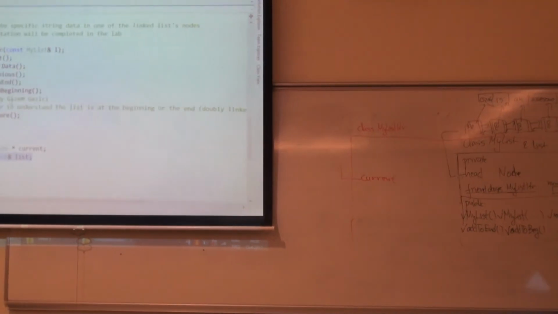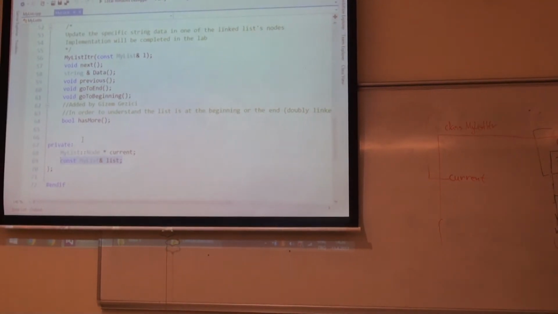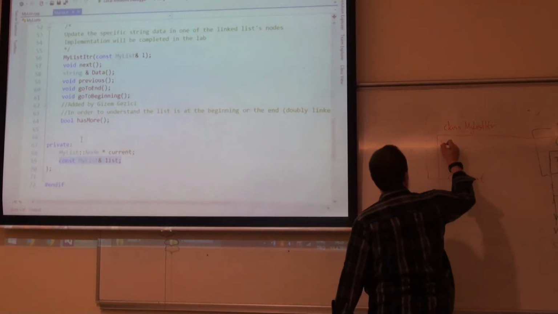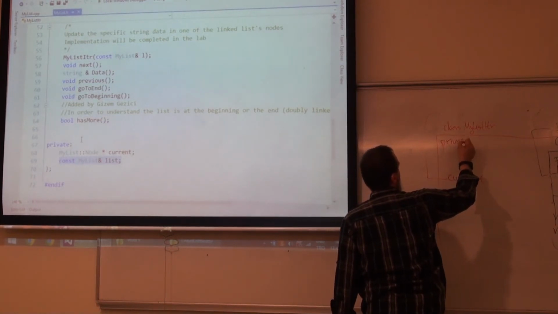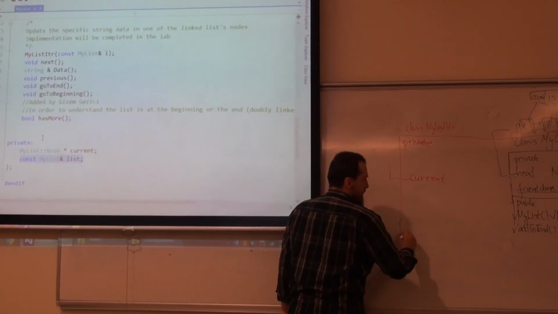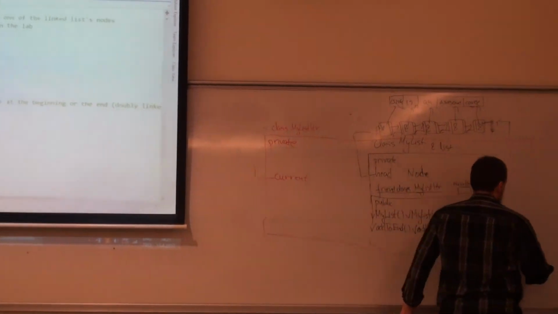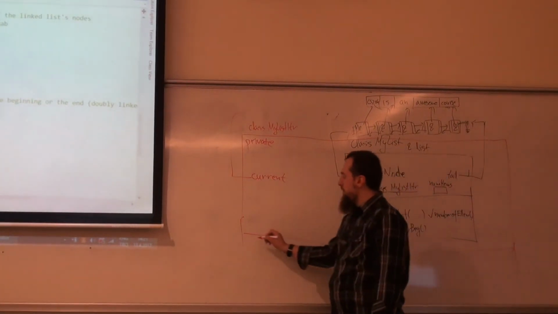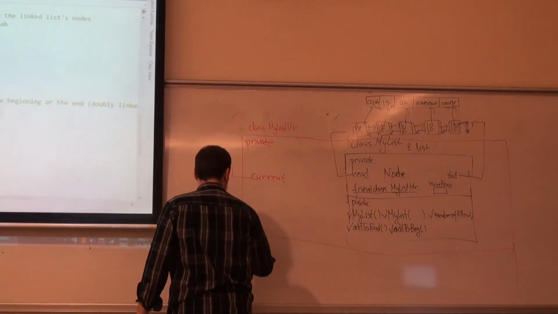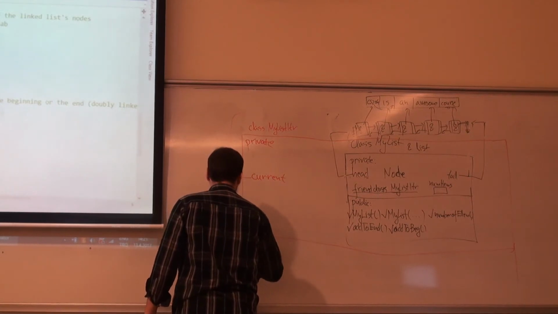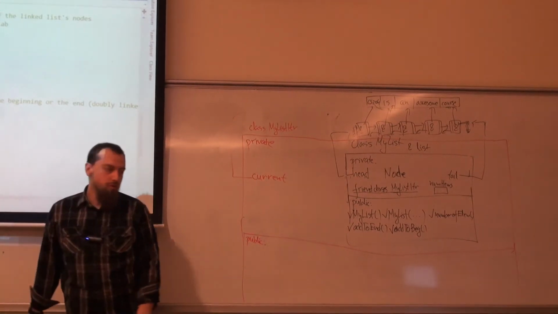But first, this is about the private stuff. And I'm finished with the private stuff. So this is private. This is all about the private data. Now let me go with the public data. What do we have here? We have the constructor.